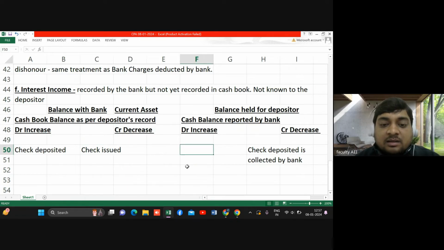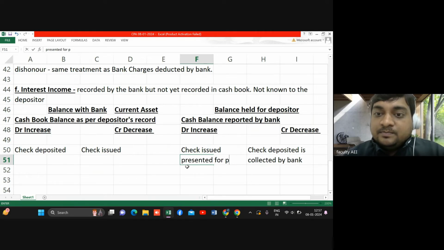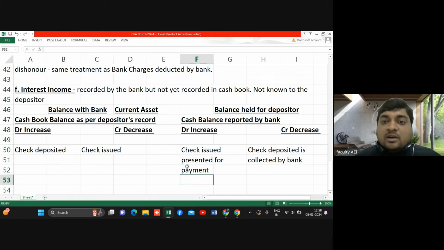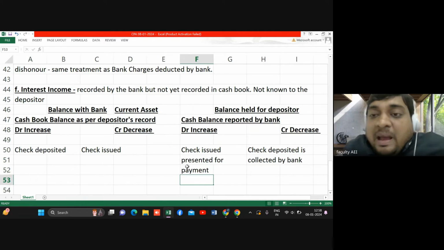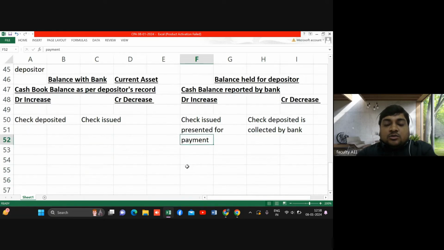But out here, check issued, presented for payment. Till it is presented for payment, the bank won't reduce the depositor balance, right? So there is some timing difference, right?